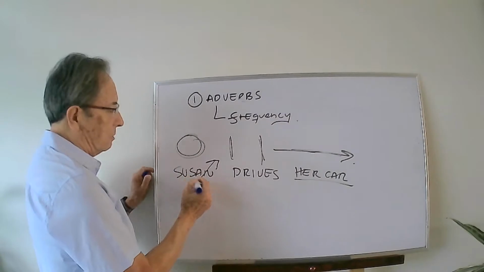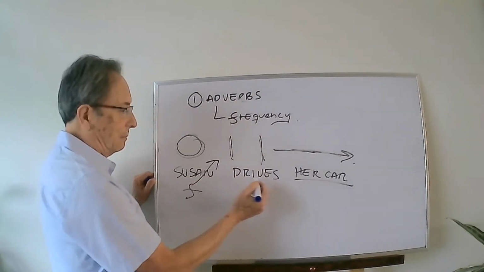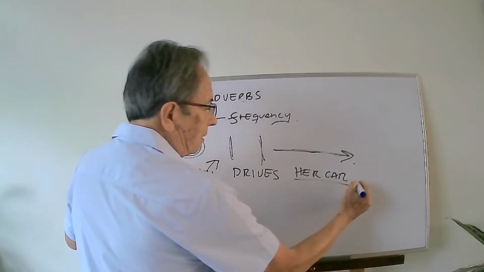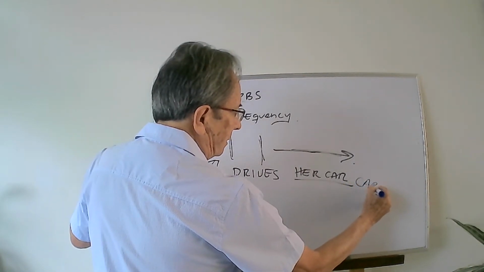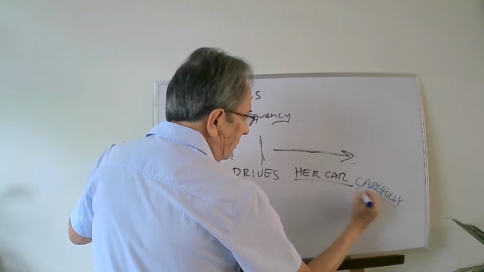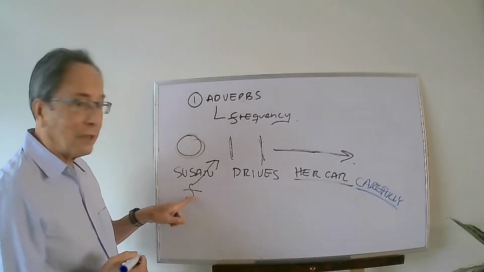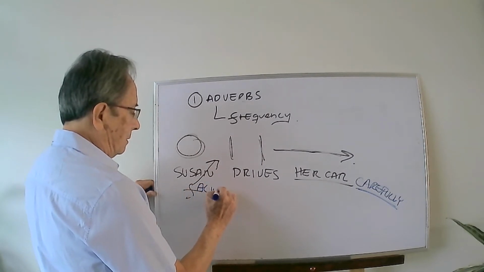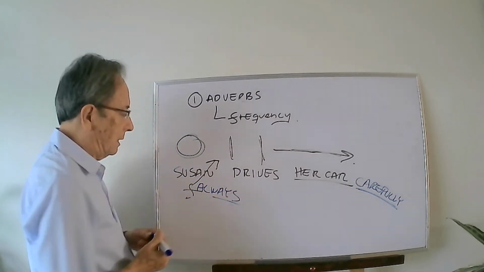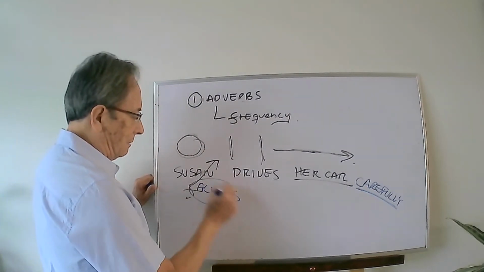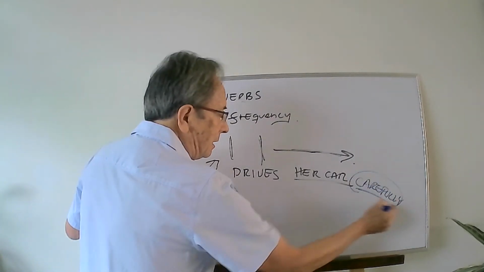So we have Susan drives her car. Susana maneja su carro. How? ¿Cómo? Susan drives her car carefully. There's the adverb, carefully, and here's another adverb, always, siempre. Susan always. So we have two adverbs. Tenemos dos adverbios, siempre y cuidadosamente.